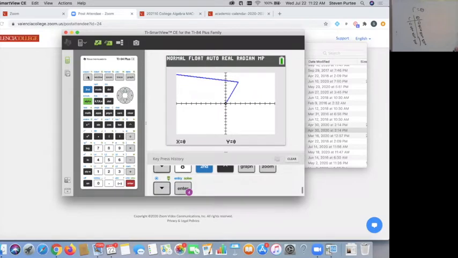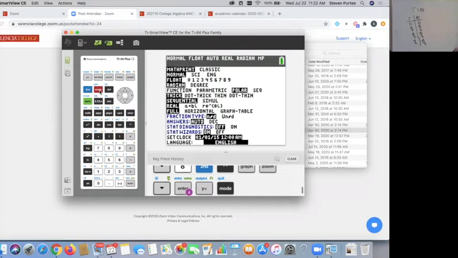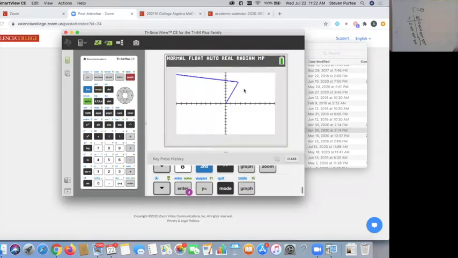Something funky happened with my graph there.